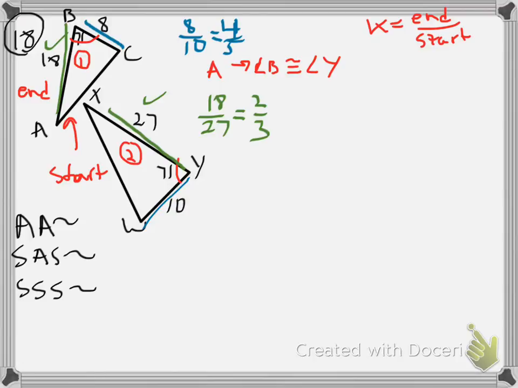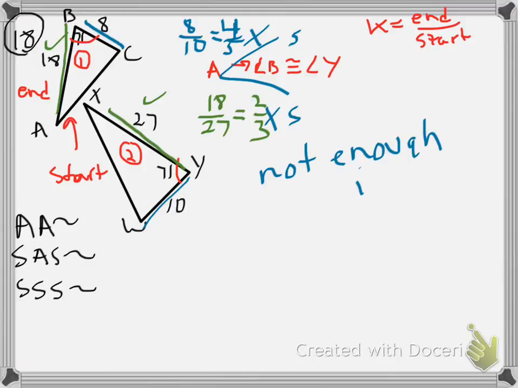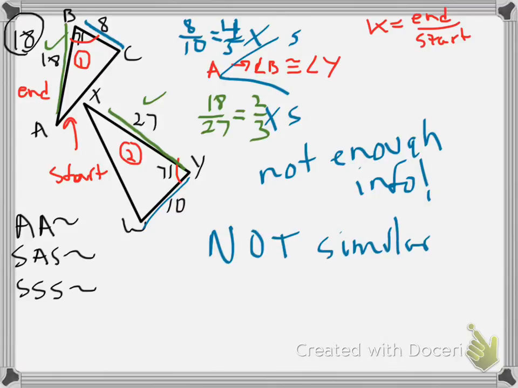And when you look at this, if I could get this to work, I'd get S, A, S. But the problem is this does not equal this. So there's nothing that's going to work. There's not enough info. So we're saying they're not similar. Don't try to force it when it's not there.